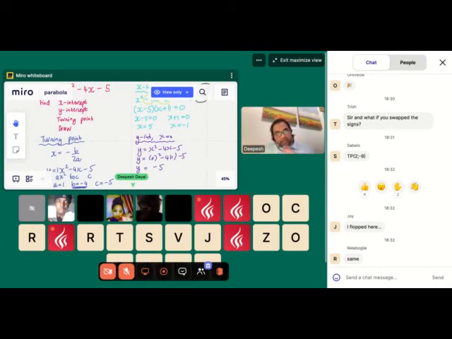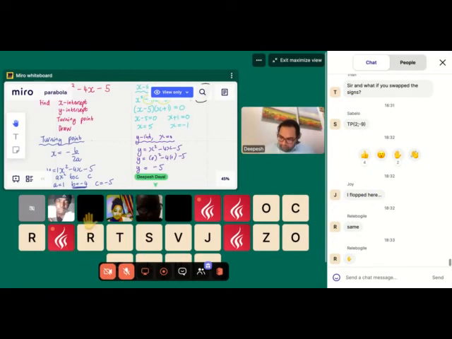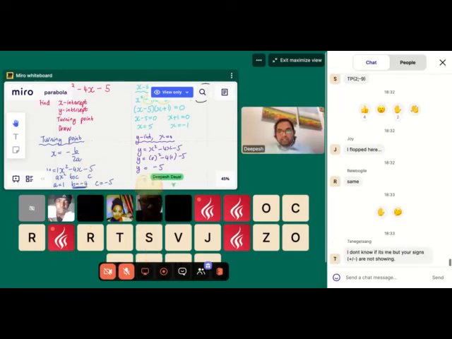Because b is minus 4, over 2, and the a value is 1. Is this okay? So it's 4 over 2, which is 2. So the turning point is 2. It is 4 over 2, right, which is 2.